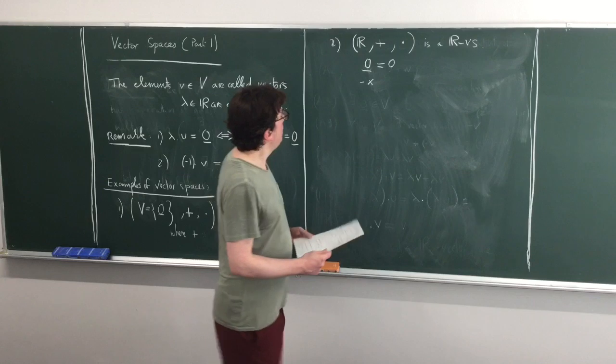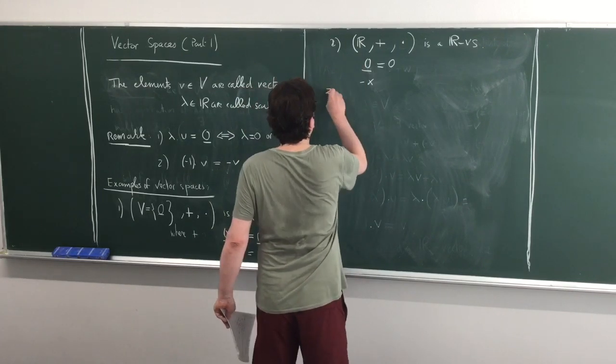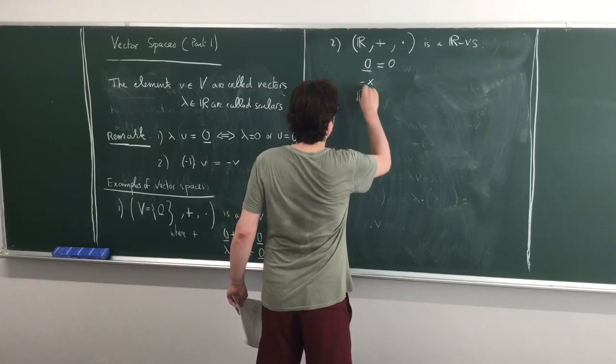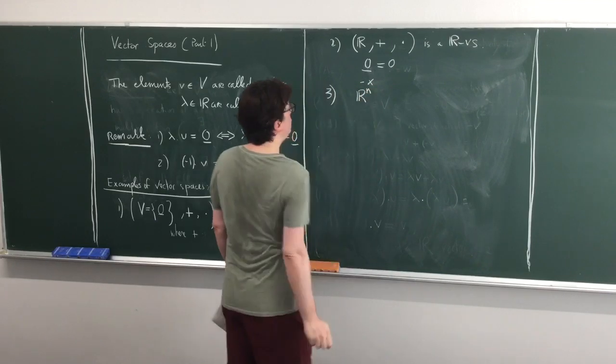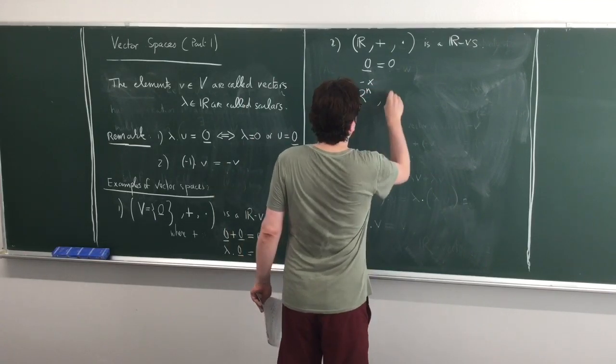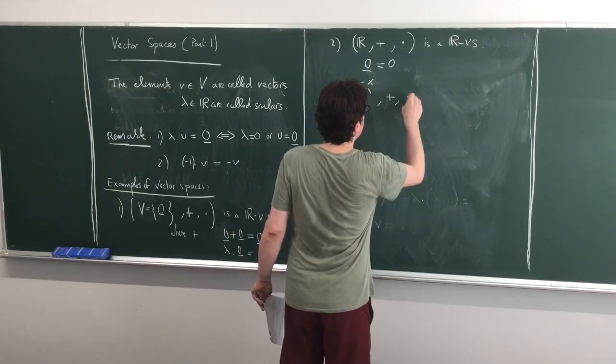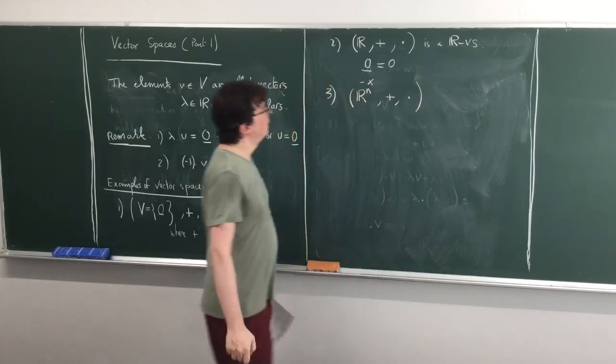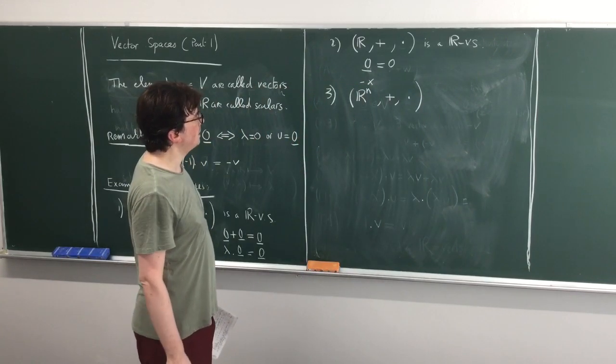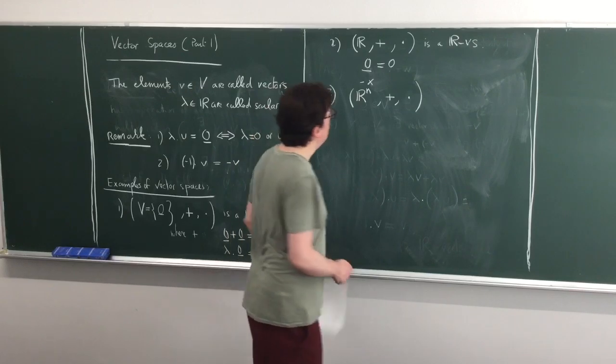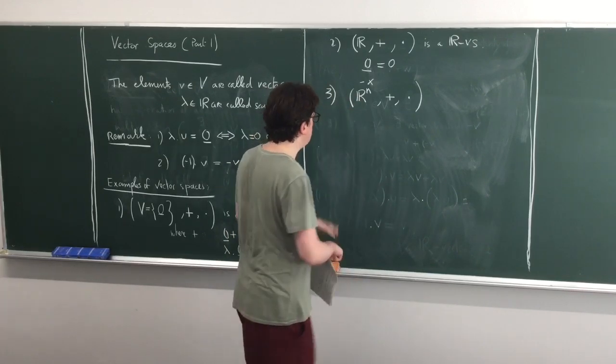Okay. More generally, we can define R^n, where I need to define a plus and a scalar multiplication. So first of all, this is the set. What is this set?